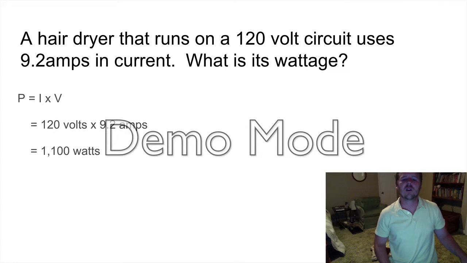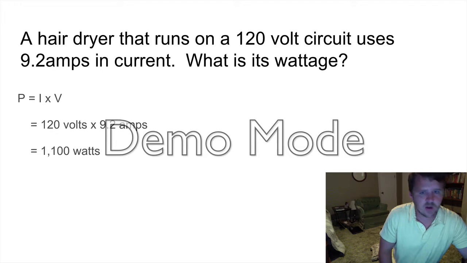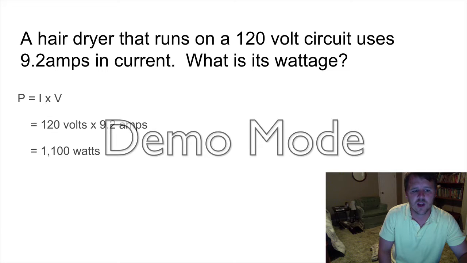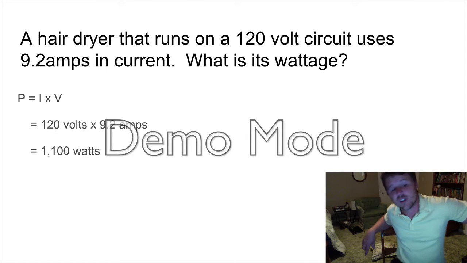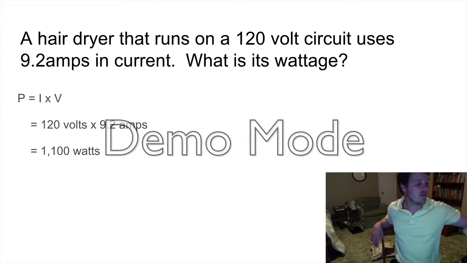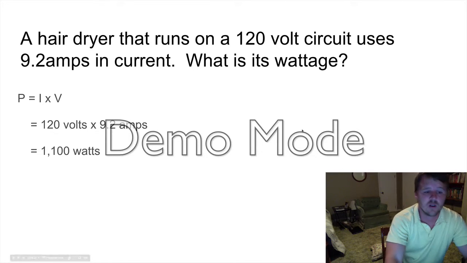A hairdryer that runs on a 120 volt circuit uses 9.2 amps in current. What is its wattage? Power equals I times V, which is 120 volts times 9.2 amps, which equals 1100 watts. It actually equals 1104 watts, but due to significant figures, since this is 9.2 and this is 120, there's just two significant figures on each.